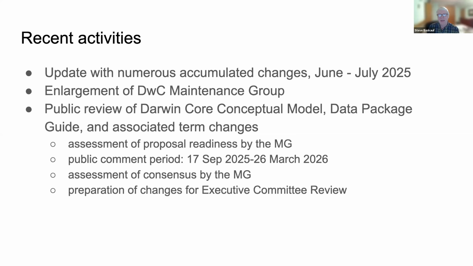So by the end of March, basically the maintenance group was able to determine that a consensus had been reached on all of the parts that remained of the proposal. So since the end of March, John has been working super hard in actually making all of the changes to the CSV documents that we use to generate our list of terms and basically getting everything ready for the executive committee to, I guess review's not the right word, to put their stamp of approval on.